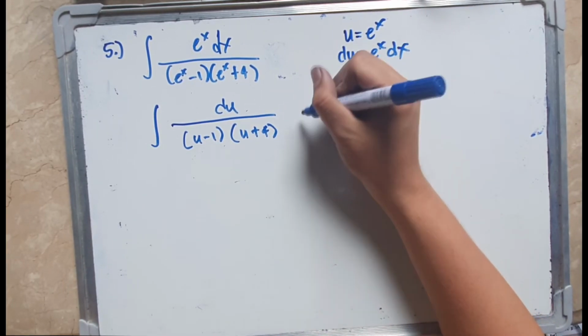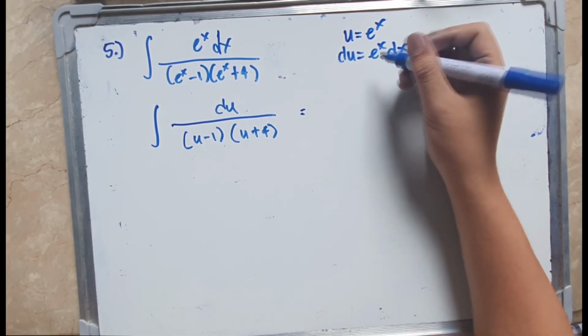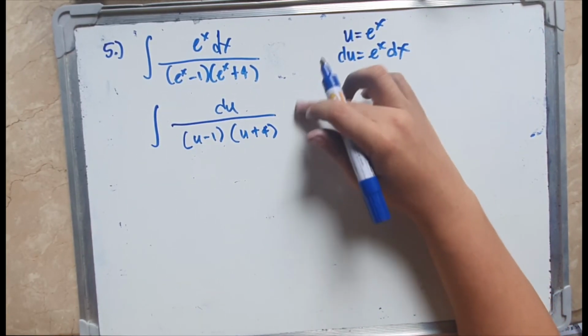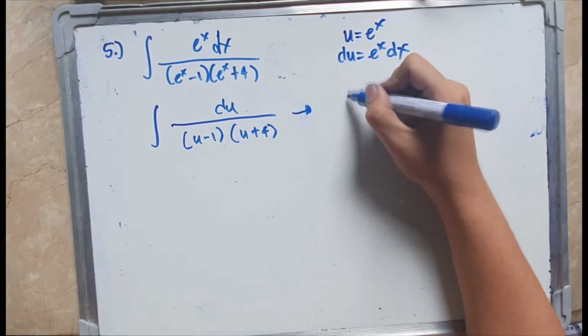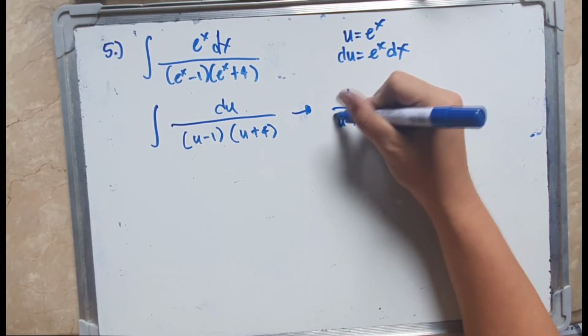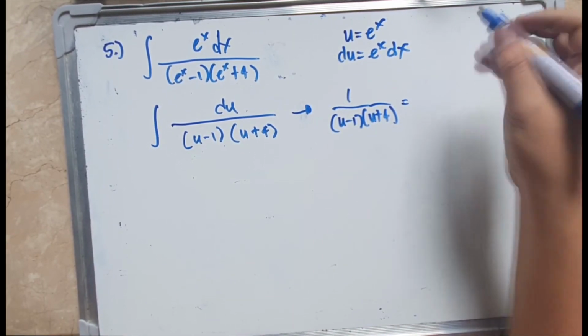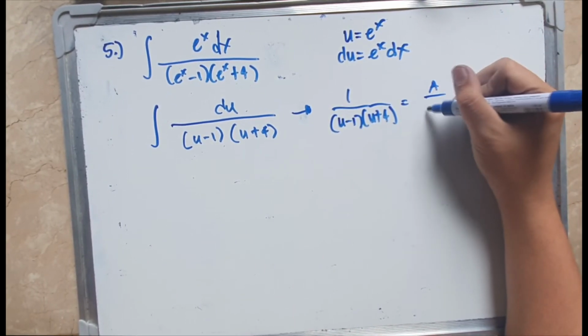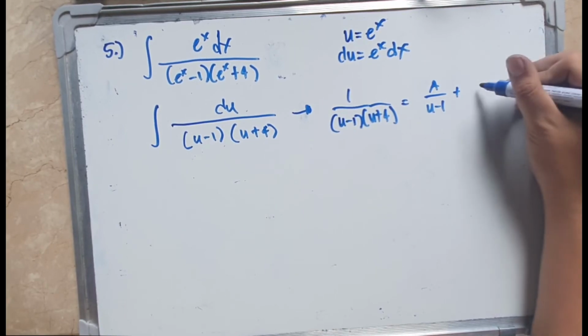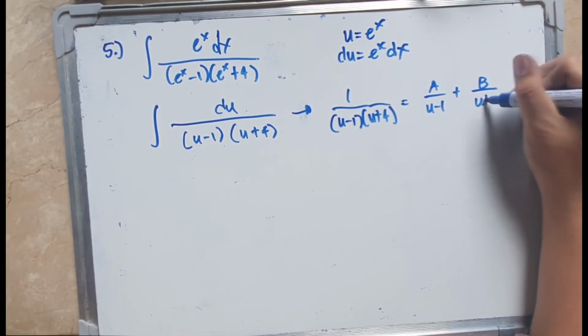Partial fraction equivalent to this one. We have 1 over u minus 1, u plus 4. So that is a over u minus 1 plus b over u plus 4.